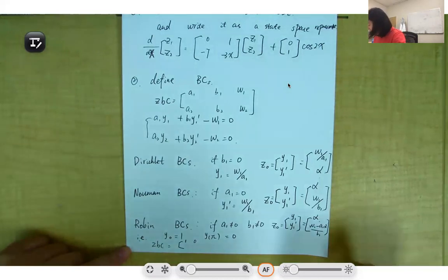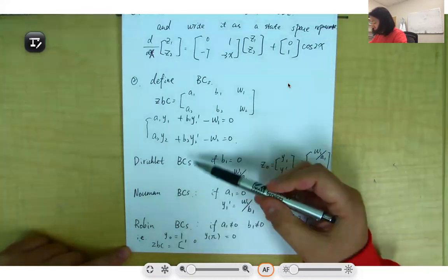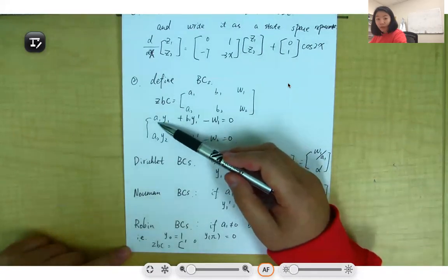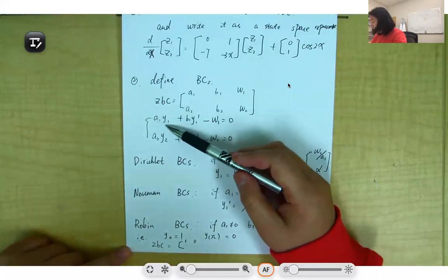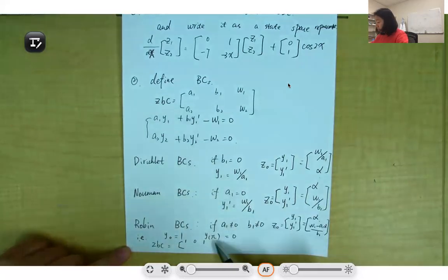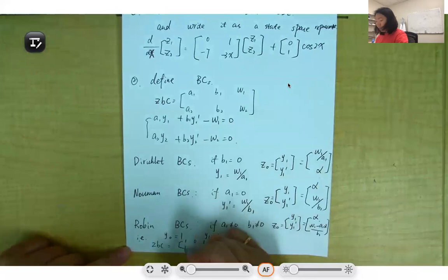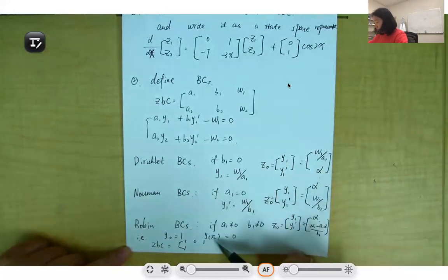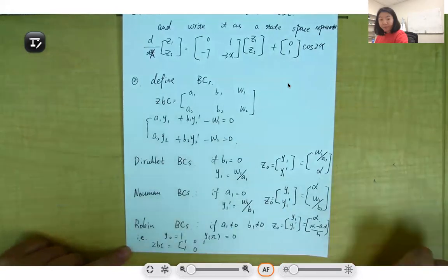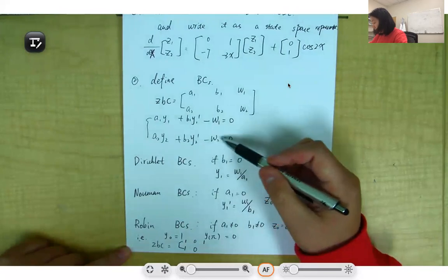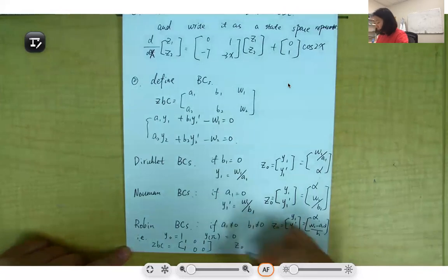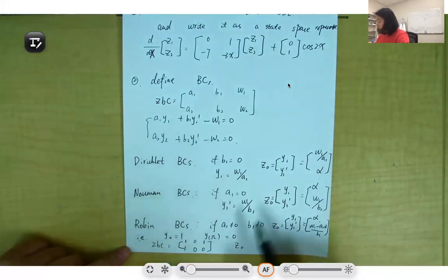When y naught equals 1, let's assume A1 equals 1, so 1 times y1 equals W1, and W1 will be 1. How about the second point? You have y2, which is y pi here. You don't have y pi prime, so that will be 0. Then y pi equals 0. So you have the ZBC matrix here.